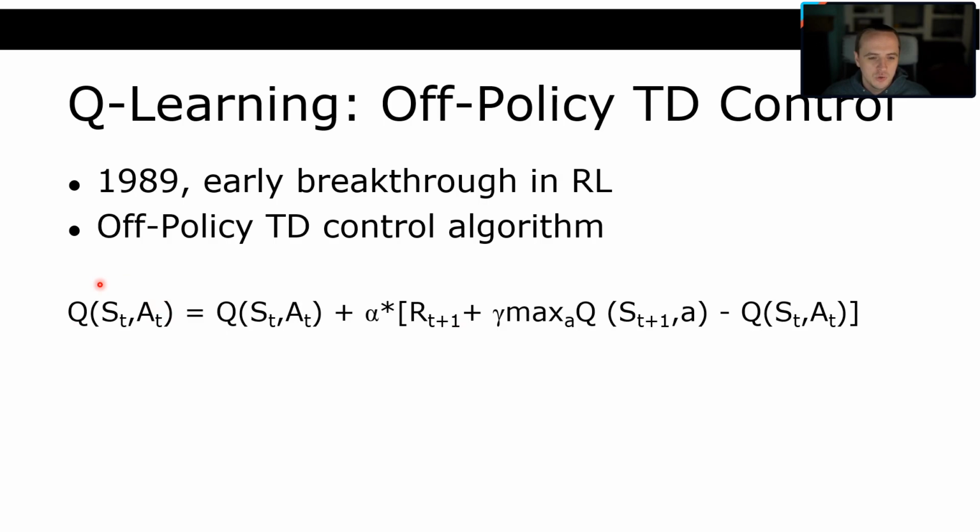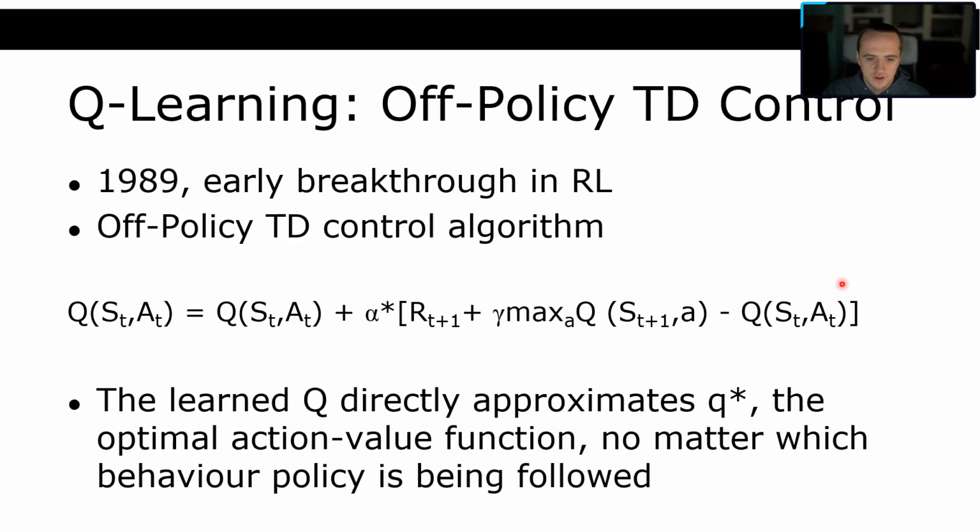So again, Q of S_t, A_t, that's our current estimate of Q(S,A). We update that by taking the previous value plus alpha times this thing, and that is the next reward plus gamma times the value of the maximum action at the next state. The maximum action at the next state, that is the big deal of Q-learning. And then, of course, we subtract the previous value.